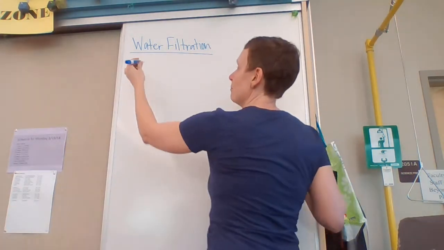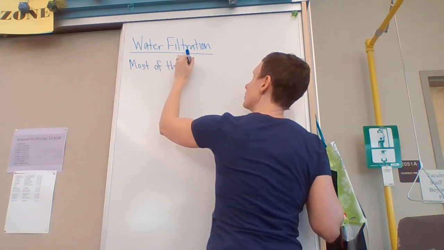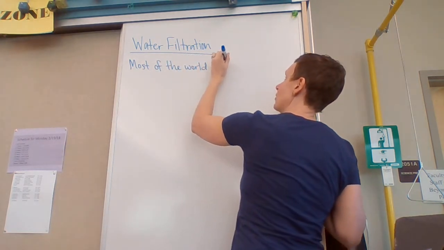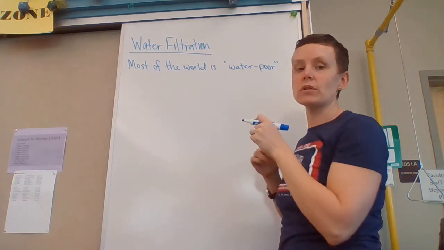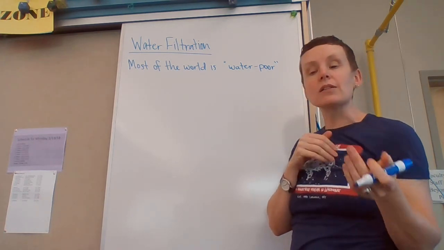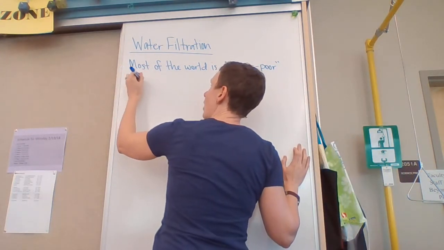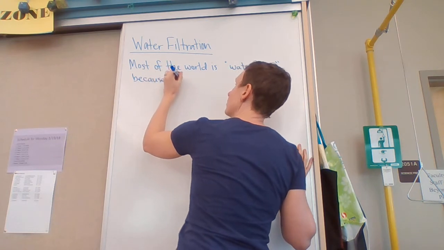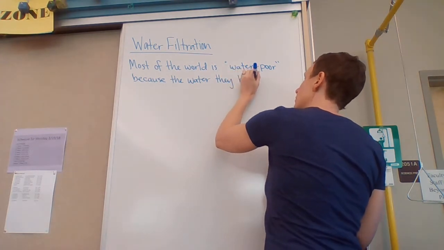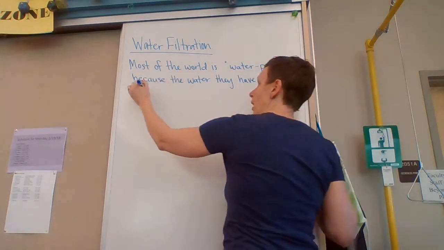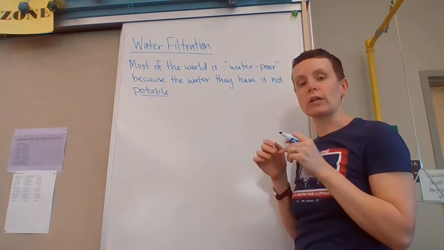So most of the world is water poor, because the water they have is not potable. That's a vocab word we're going to define in a minute.